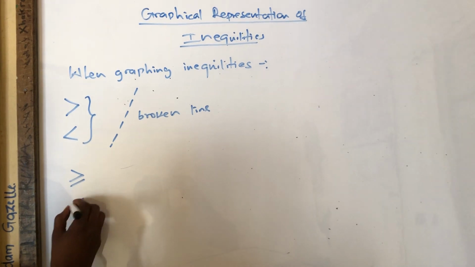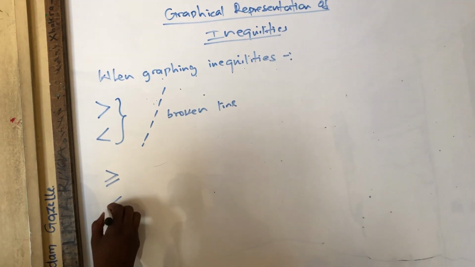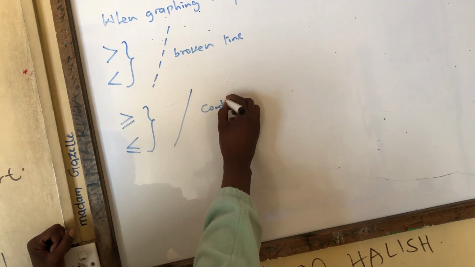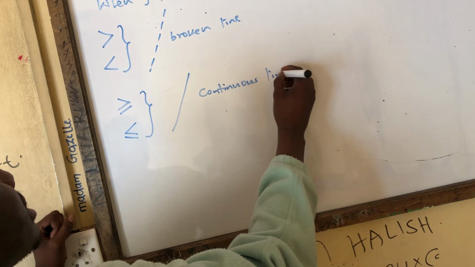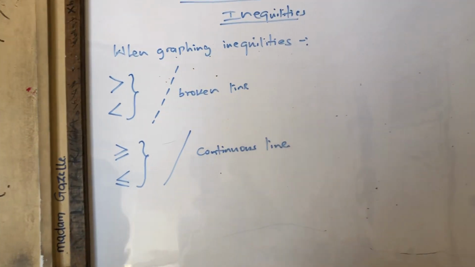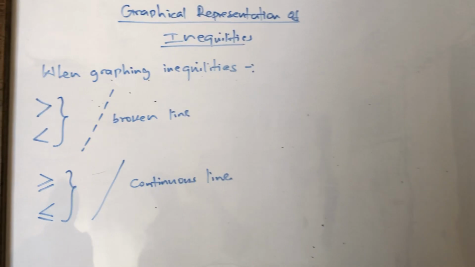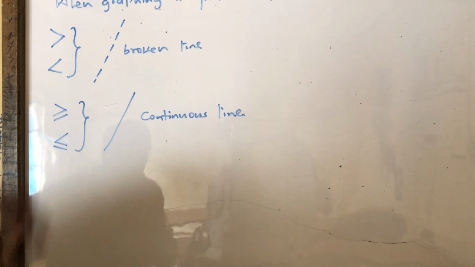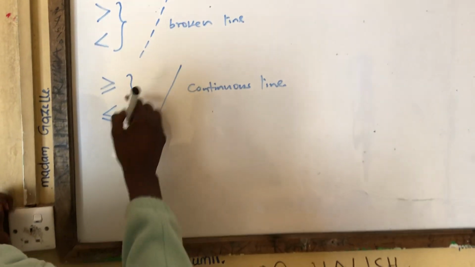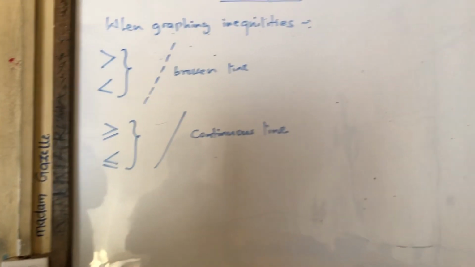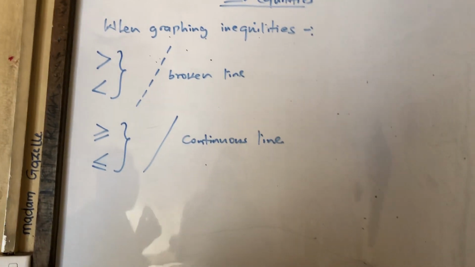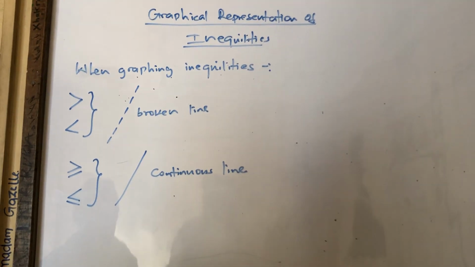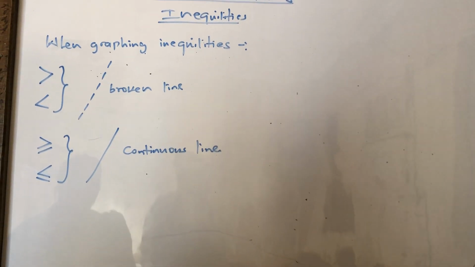And for these other two symbols, a student will be required to use a continuous line. So the question should be, how do we graph inequalities?